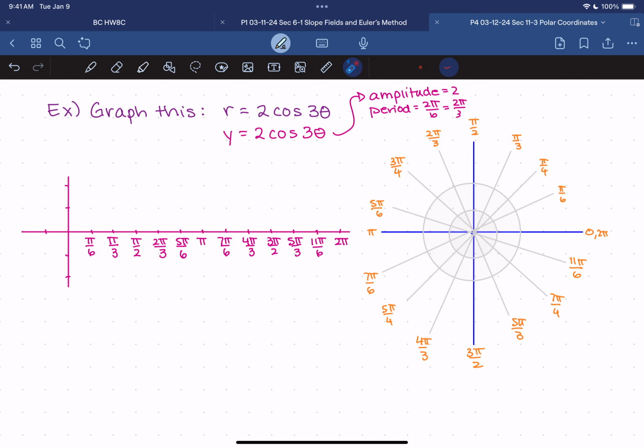I like to go up to 2 pi. You may not need it all, and you'll see what I mean by that in a second, but going up to at least 2 pi lets you see what's happening.